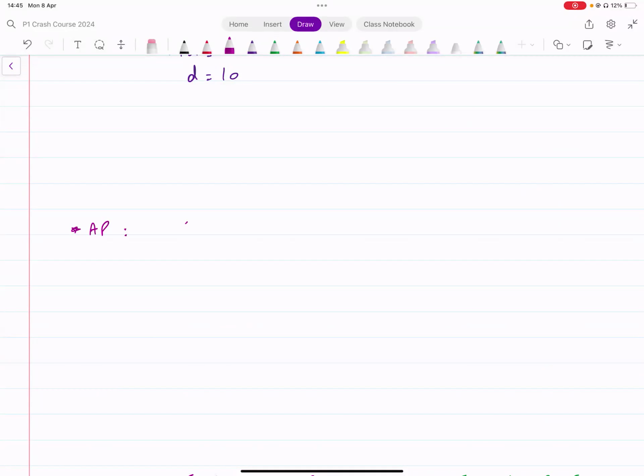Let's say 90, 81, 72, 63, 54, and so on. What's the first term of the sequence? The first term is 90. What would the difference be in this case? 81 minus 90.